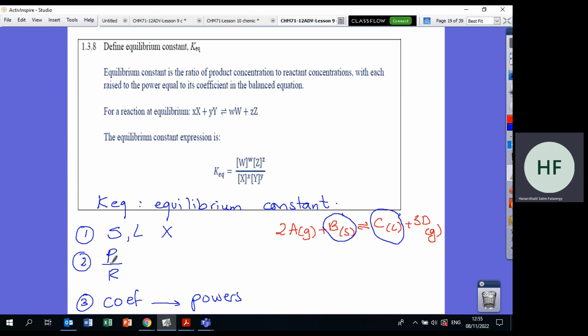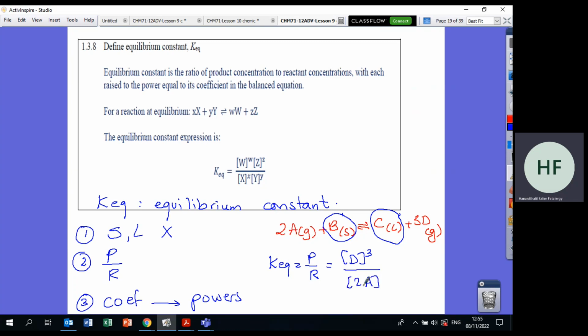Second thing, we write products over reactants. KEQ equals products over reactants. What are the products? D, 3D. The coefficient will become a power. So this 3 will be a power. So I will say D power 3 over reactants. Of course B is cancelled, so we have only A. We will not write 2A.